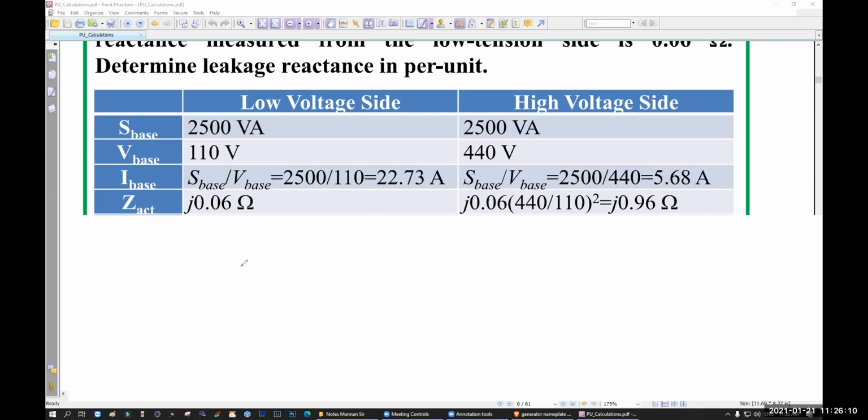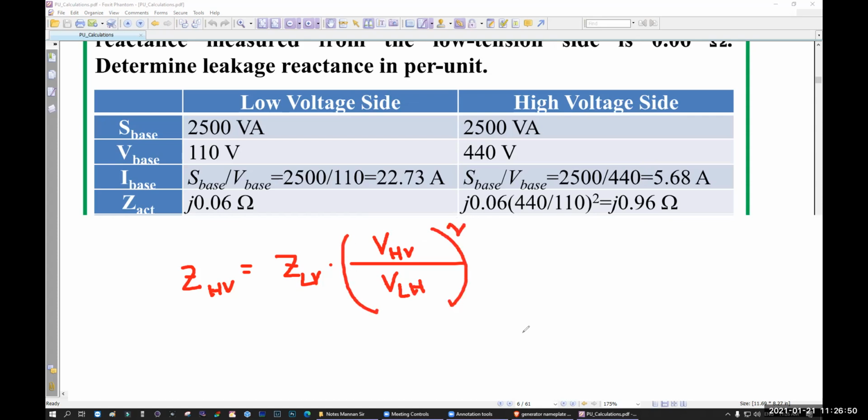So if the low voltage impedance is given, see, Z of the high voltage side, that means HV, will be what? Z of low voltage into voltage of high voltage side, or you can call it HT and LT, high tension and low tension, voltage divided by low tension voltage whole square.